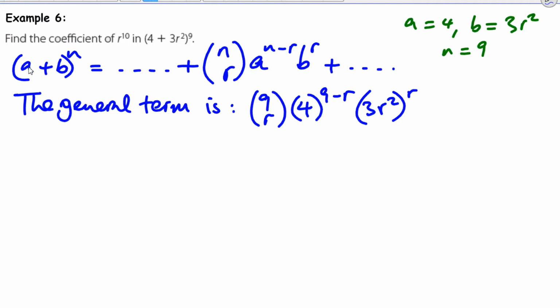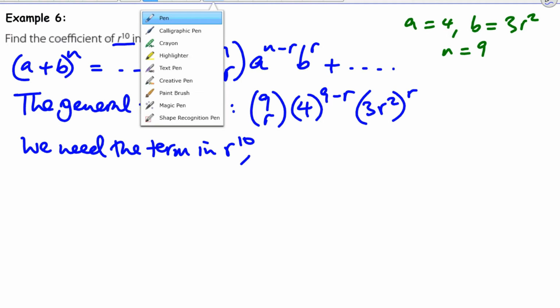Now what we need is the term in r to the power 10. That's what the question is asking. From here we can see that 3r squared to the power r will give us the term in r to the power 2r. So by inspection, we can see that r will be equal to 5.